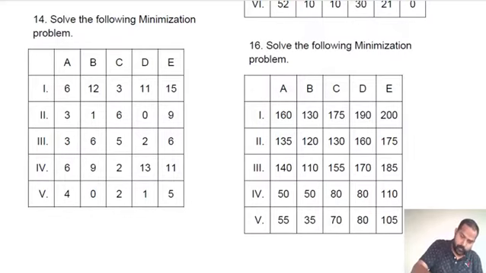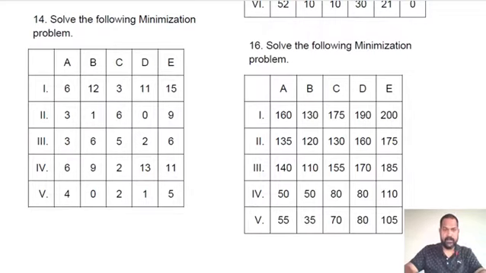So 1, 2, 3, 4, 5 and A, B, C, D, E. 6, 3, 3, 6, 4, 12, 1, 6, 9, 0, 3, 6, 5, 2, 2, 11, 0, 2, 13, 1 and lastly 15, 9, 6, 11 and 5.